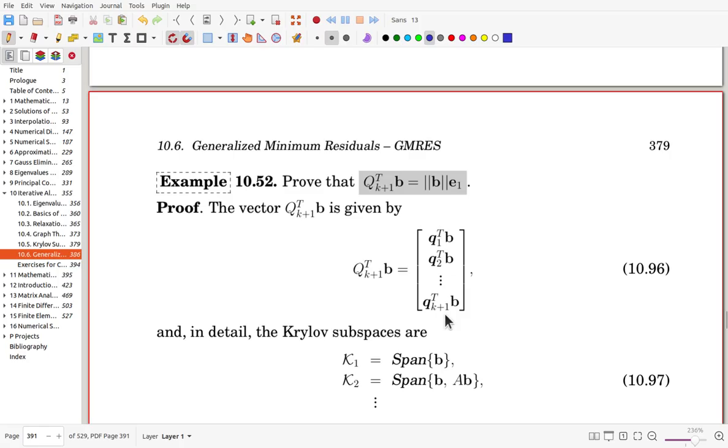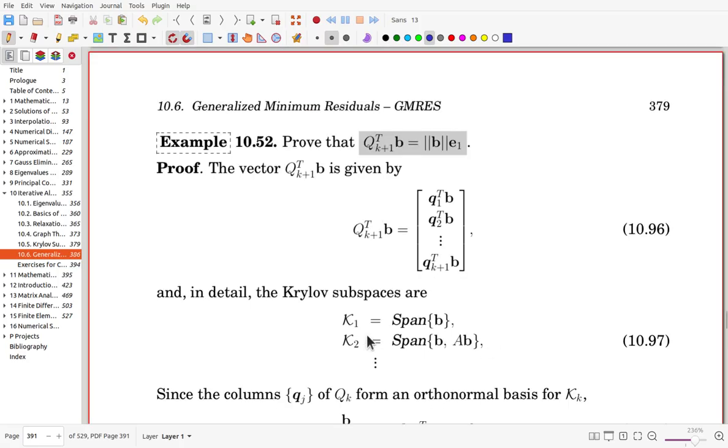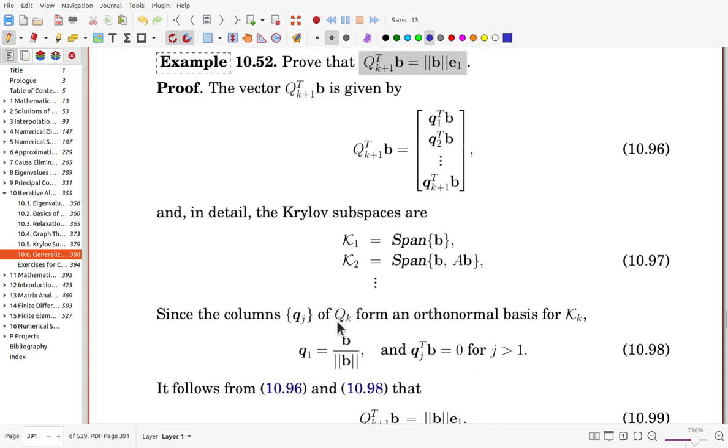Now, if we start with the Krylov subspace with B, AB, and so on, then Q1 starts with B, and Q1 is a normalized vector from B. If we are using this one, then this top one is the same as B over norm B, times B, so that is the same as norm B.